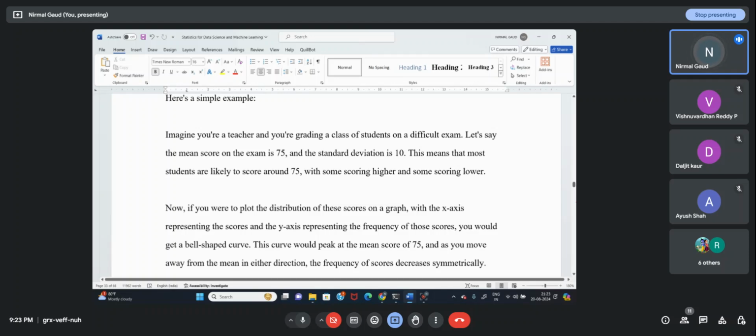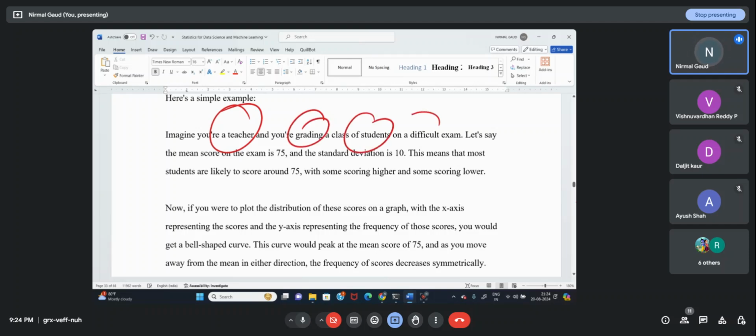There is one example also given for the normal distribution. Imagine you are a teacher and you are grading a class of students on a difficult exam. Let's say the mean score on the exam is 75 and the standard deviation is 10. So this means that most of the students are likely to score around 75.